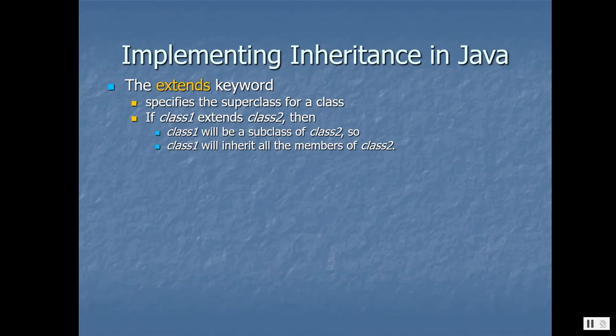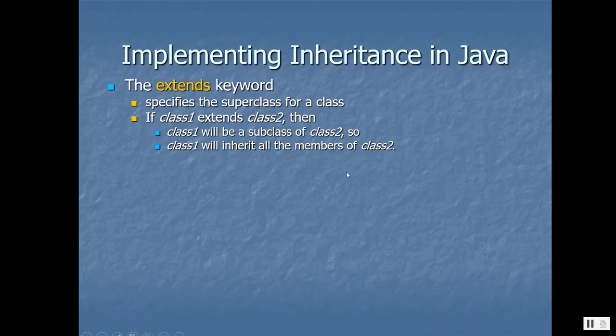So when we declare a class, we give it a name, and we will also indicate, if this happens to be a subclass of something, that it extends that other class. In other words, when we say class A extends class B, that means that class A will be a subclass of class B and will therefore inherit all the properties of class B.